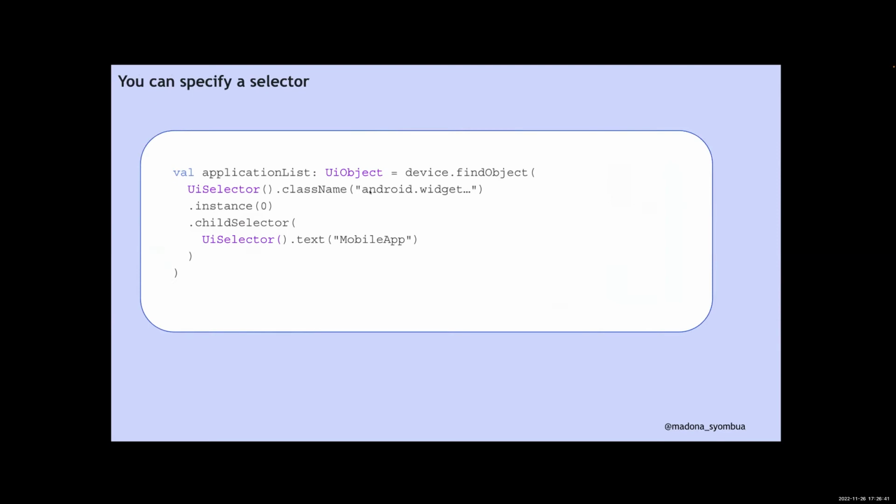You always need to pass in your class, let's say the widget you're going to be testing, and then you call on the child selector and pass in the text. The mobile app there is the name of my app, so that it understands what is being tested.